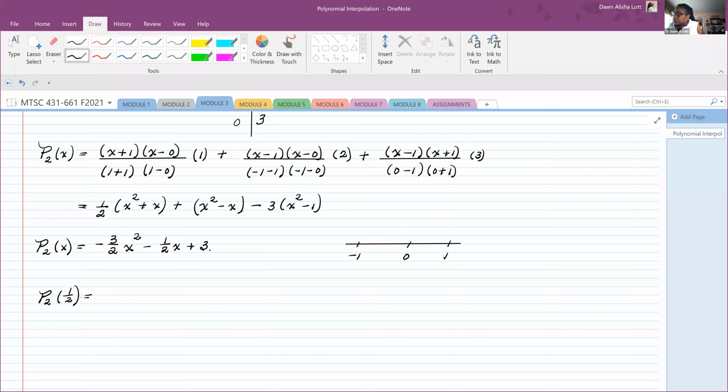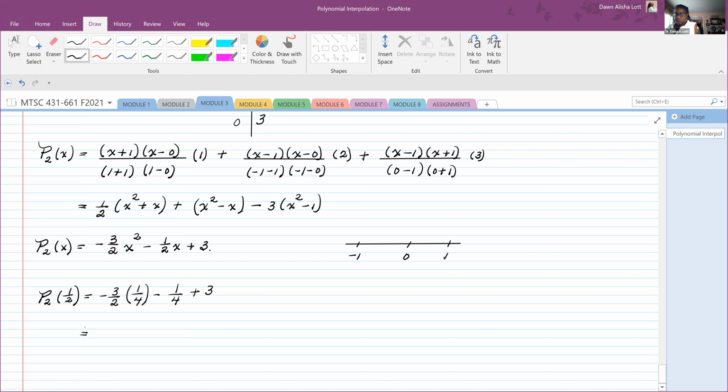So I would just get -3/2. I'd take 1/2 squared, so that would give me 1/4. I would have -1/2 times a half, which would give me another 1/4. And then I would have +3. And so this is easily computable.